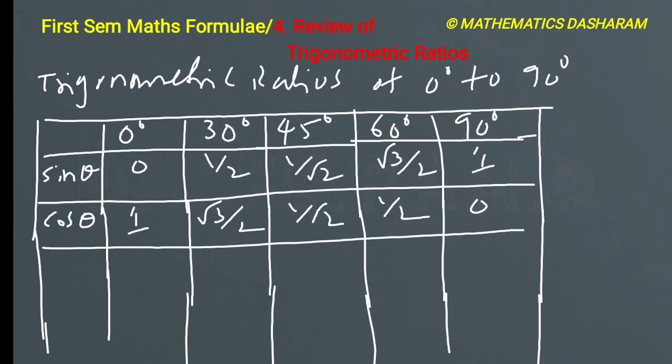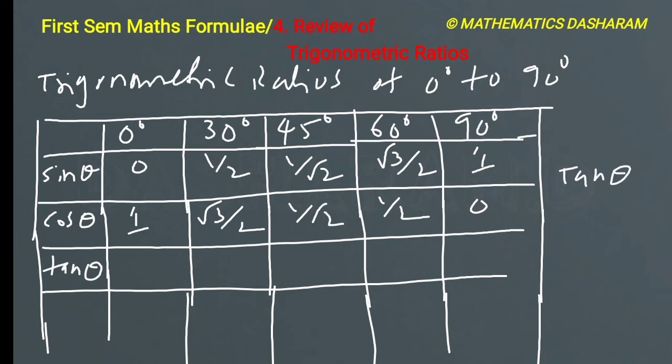Using these two you can define the remaining 4 trigonometric ratios very easily. I will explain one. Tan theta is sin theta by cos theta. So tan 0 means 0 by 1, which is 0. For tan 30, 1 by 2 divided by root 3 by 2, the 2s cancel, so then 1 by root 3.